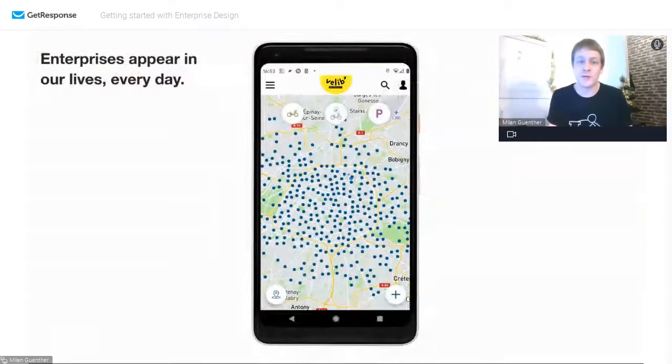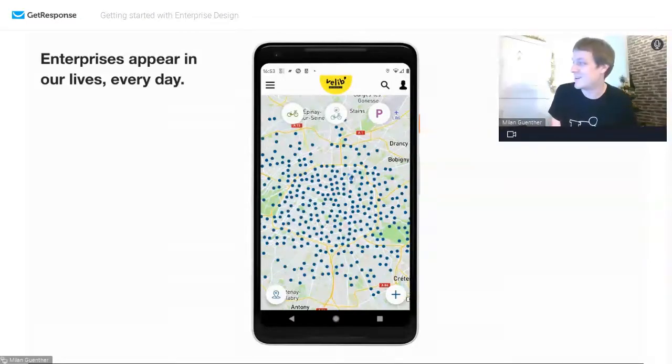Enterprise awkwardness can also render in your daily life. This is actually from my daily life here in Paris. This is the Vélib app. Vélib is the public bike rental service here in Paris. And this is an earlier version of the home screen that you got when you opened it on your phone, and you see that around my flat, it's in the northeast, there are some bikes, right?